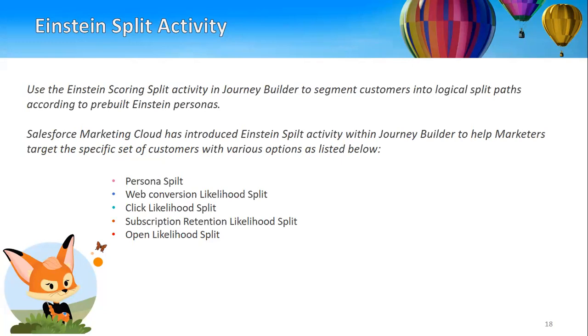Open split means those who are likely to open, and click split is those likely to click, and subscription is those likely to stay subscribed, and purchase. All those things you can take into consideration.